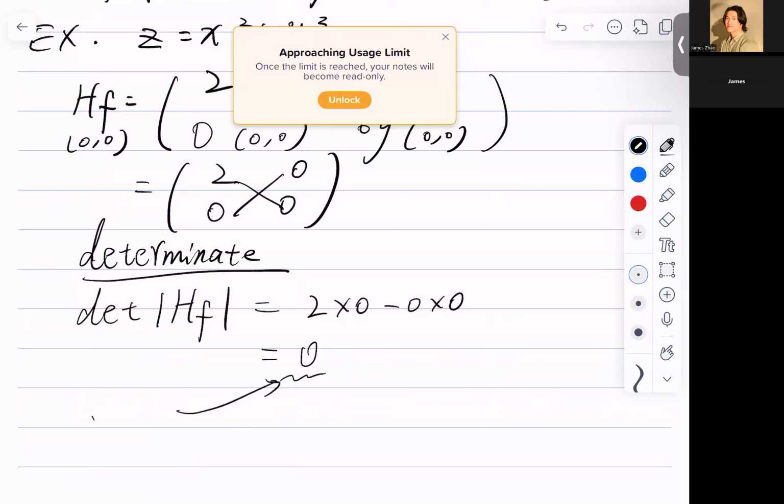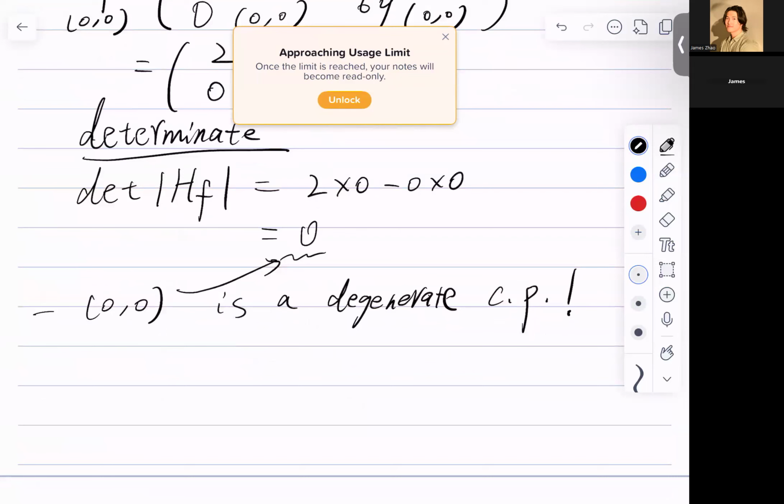What does that mean? That means 0, 0 is a degenerate critical point, which also means it's not stable. We do not like this. So why do we not like this? We actually have a lot of things that we can say about a non-degenerate critical point.